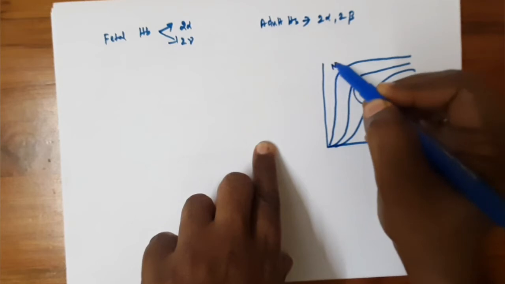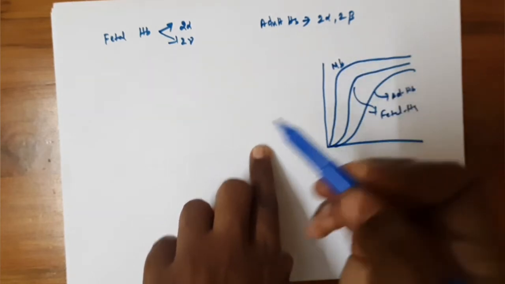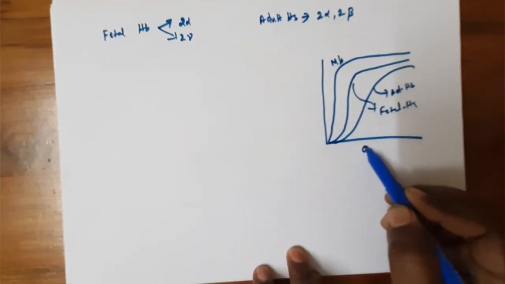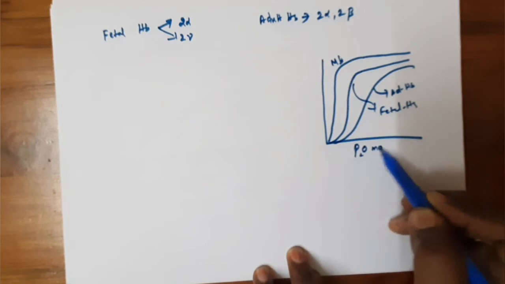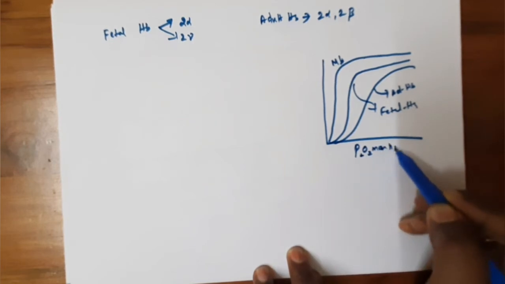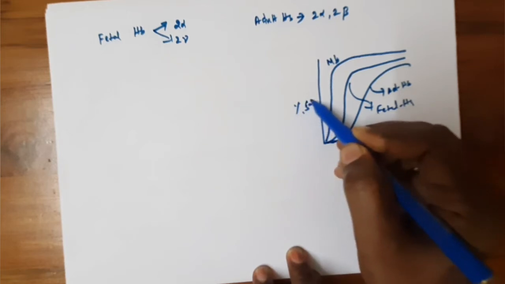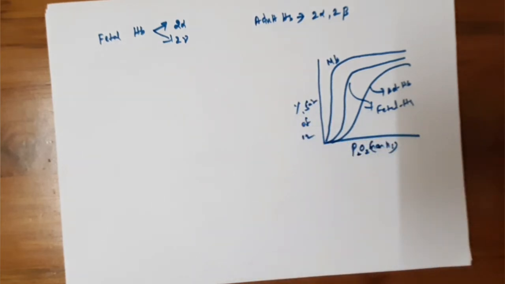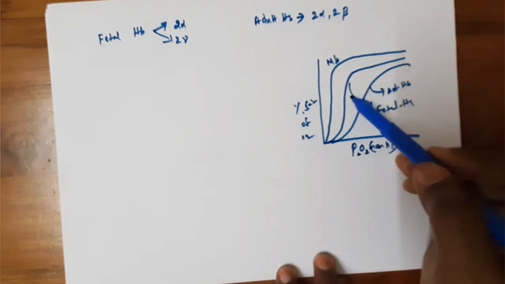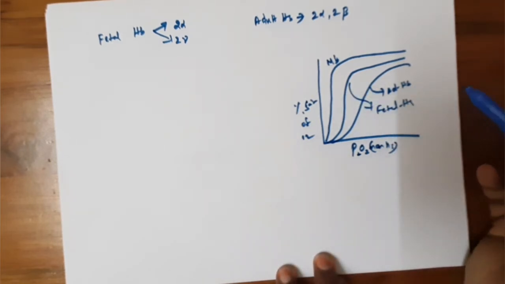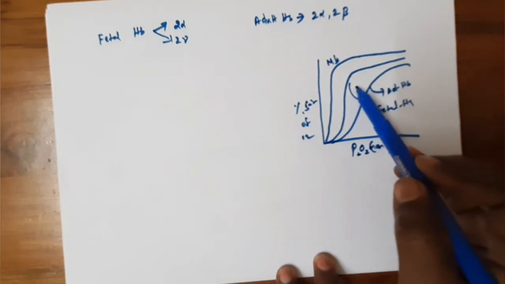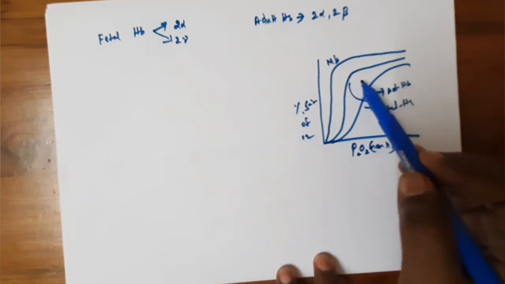Yeah, and this curve shows the hyperbolic curve. This is for myoglobin, and this is saturation of oxygen. Okay, and this curve shows that, comparing adult and fetal hemoglobin, the fetal hemoglobin has high affinity for oxygen.